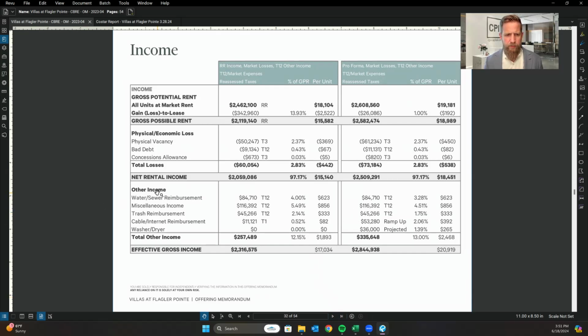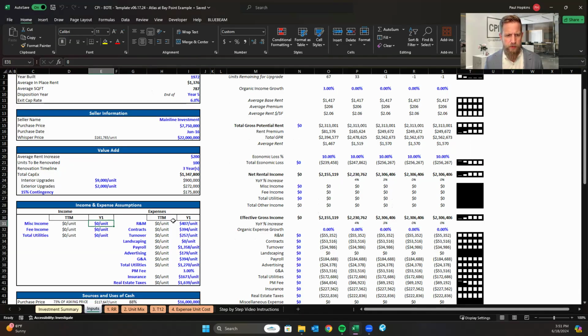Other income, we've got total other income totaling up to basically $1,800 per unit. And then this is their pro forma going to $2,400 per unit. So let's just say all this included, it's currently at $1,800 per unit, right? And so now you can start to see these numbers start to populate here by the miscellaneous income.